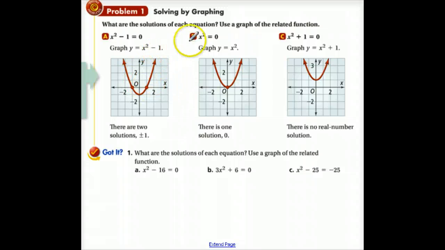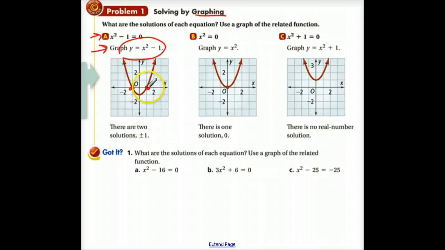So the first method is solving by graphing. If I have a quadratic equation, notice x squared minus 1 equals 0. I'm going to make it y equals instead of equals 0. We know how to graph a quadratic function. So plug in points, figure out how to graph your parabola, and wherever the graph crosses the x-axis, those are the solutions.